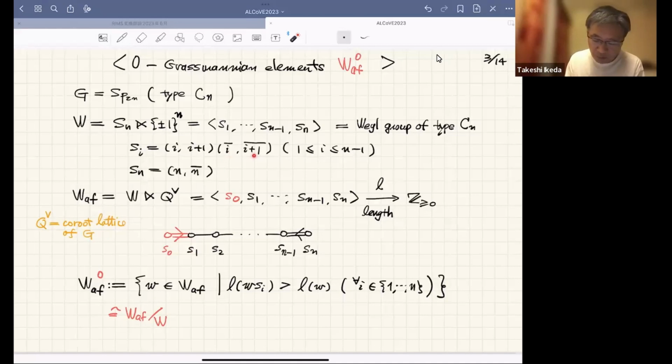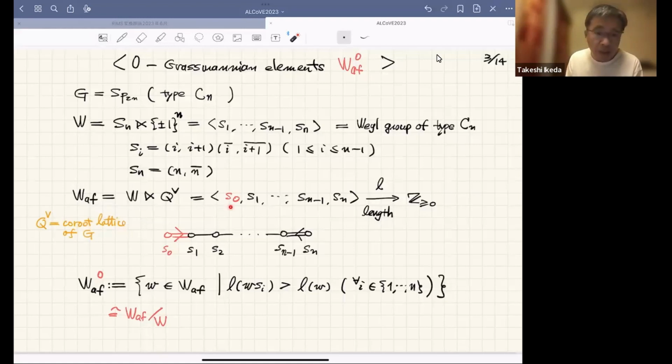The affine Weyl group is an extended one, with an extra generator s_0 associated to this affine Dynkin diagram. Then this has the structure of a semi-direct product of the finite Weyl group and the coroot lattice. We also have a natural length function.